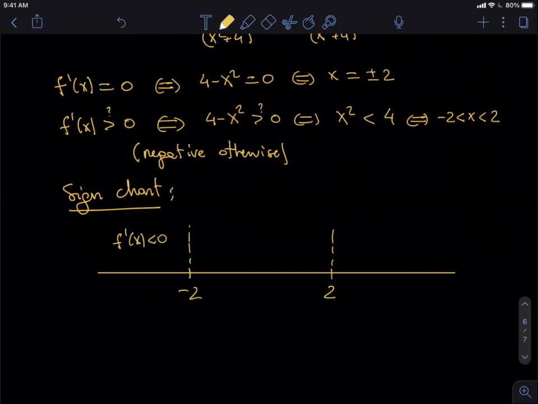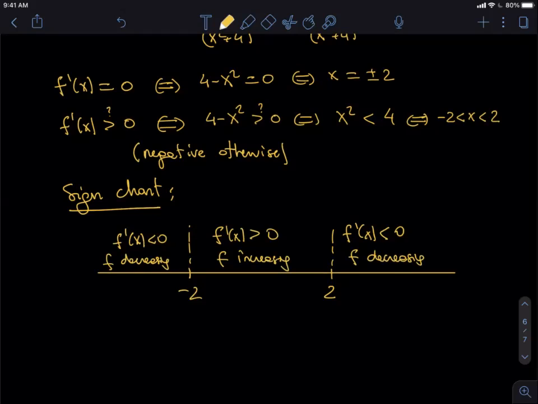And whenever it's larger than 2, it will also be negative. I wrote positive, but I mean negative. And we saw that f prime is positive between -2 and 2. That means f increasing, and f decreasing otherwise.